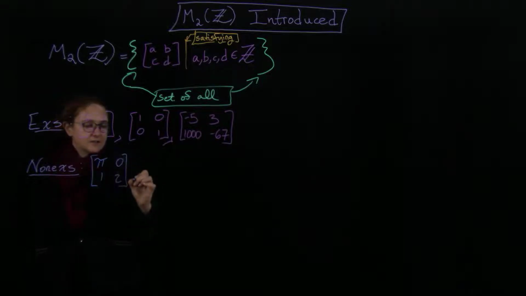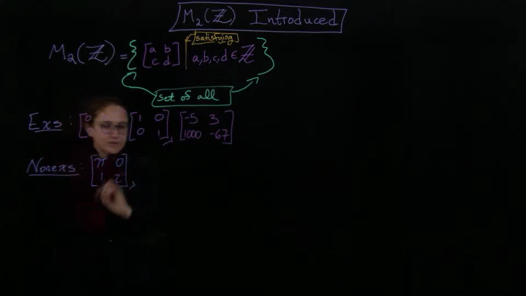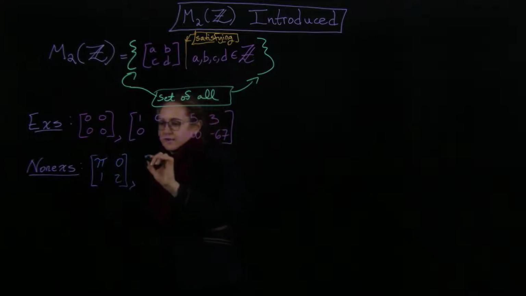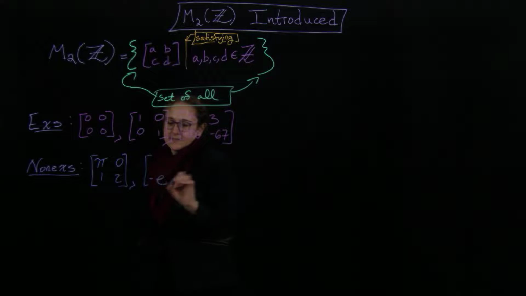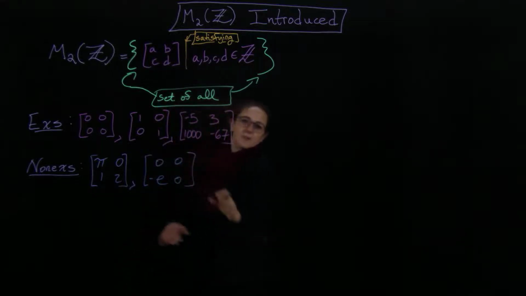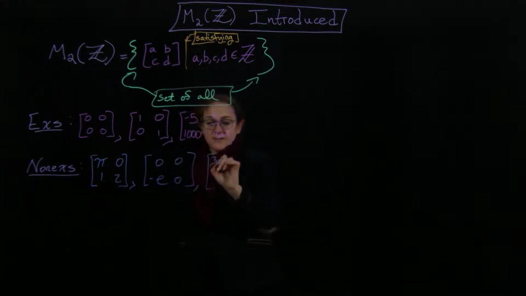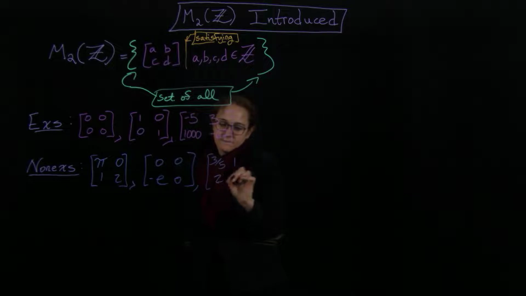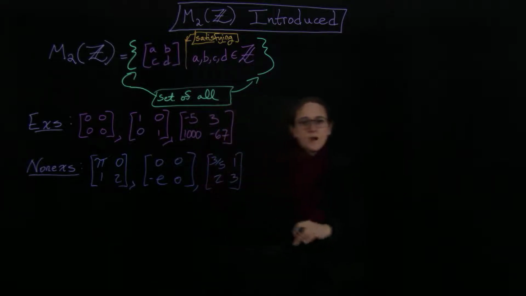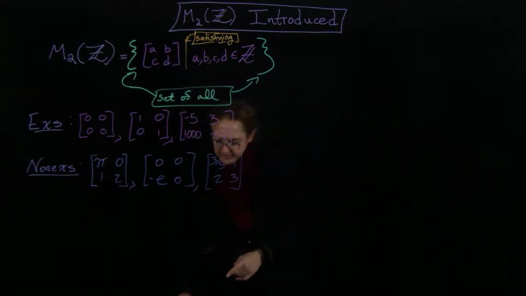These are non-examples. These are not actually in this ring. I couldn't do e or -e. Those would be problems. In fact, I can't do 3/5. Okay, so these are what these matrices are going to look like.